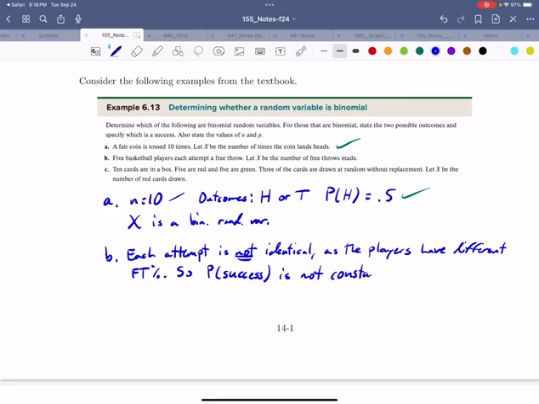It's not a single value. Now, how could we have made it a binomial random variable? If we had instead changed this to 1 player attempts 5 free throws. That's a binomial random variable, right? Because that's an example of 1 player with the same skill level trying something 5 times. The probability of each trial is going to be the same. All right? So that's that one.